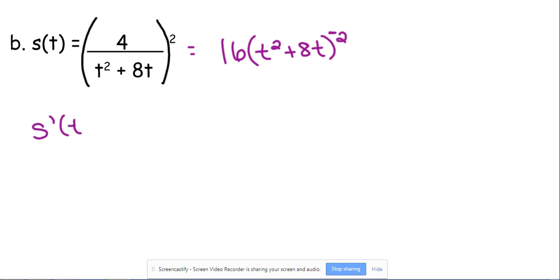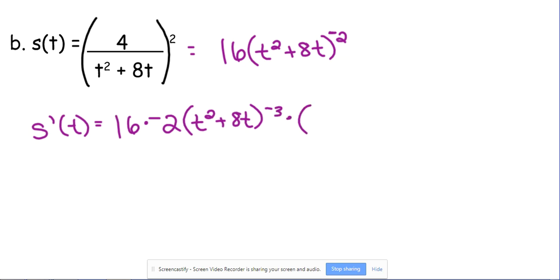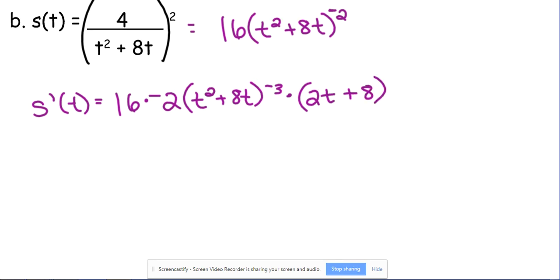So s prime of t is equal to, keep the constant multiple in front, bring down the exponent, keep the inside the same, subtract 1 from the exponent, multiply by the derivative of the inside, which is 2t plus 8.